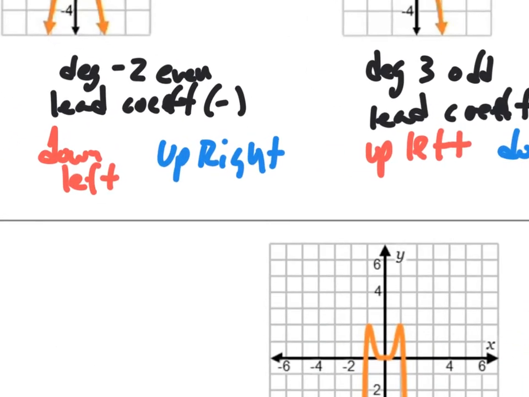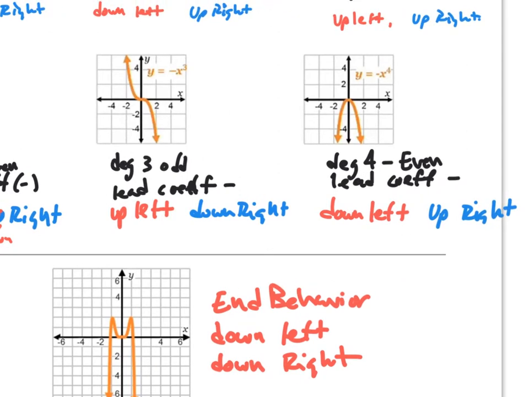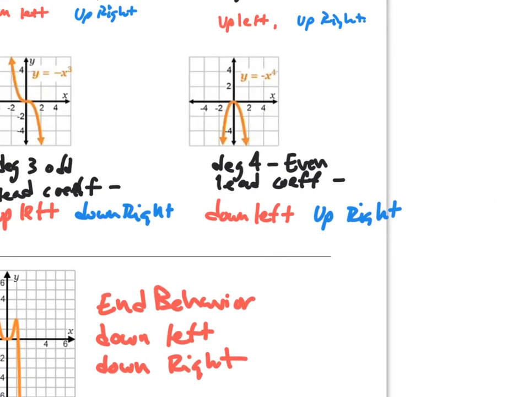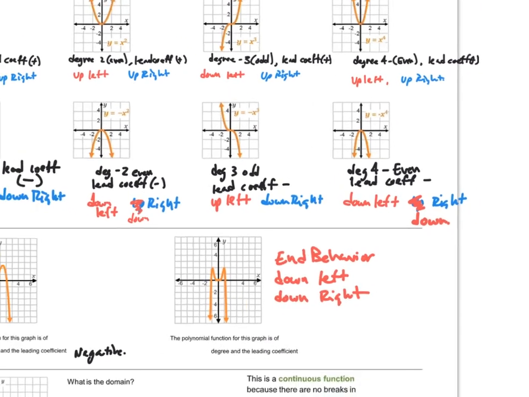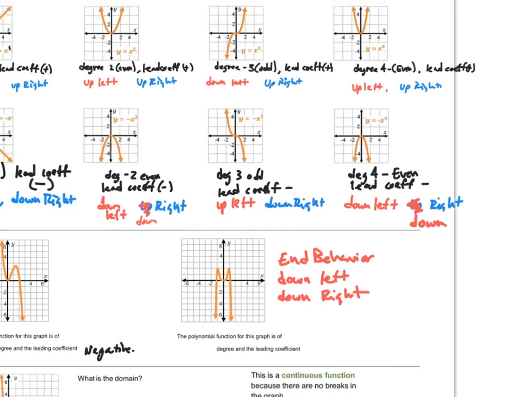Because these are all screwed up over here. This should be down to the right. Sorry. And this should be down to the right. My bad. Maybe that's why you're confused. Okay, so change those up. Okay, they all look good.